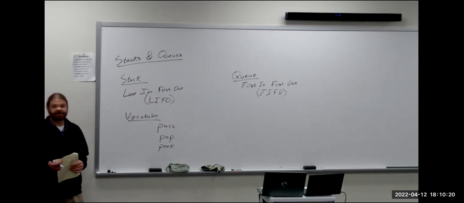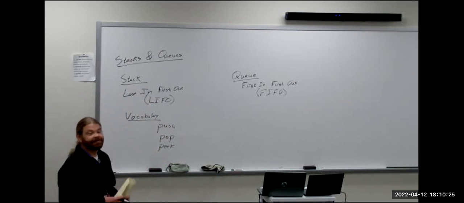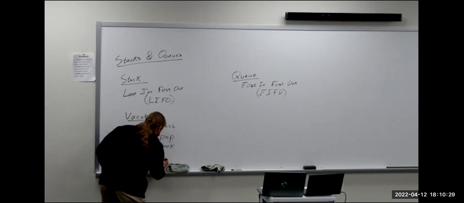Or maybe I'll just put the 3. The 4th one I was going to put there would be size, where we ask how many elements there are. Might as well do that because that's going to be in our example.